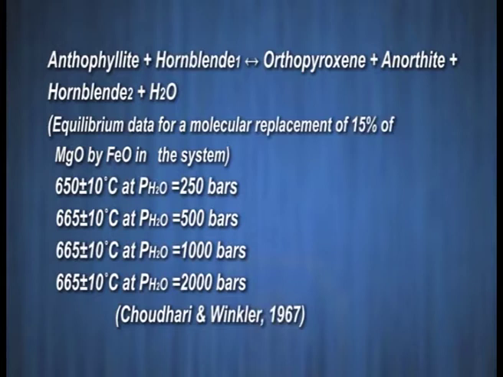The reaction occurs at 665 degrees centigrade at P water pressure equal to 1000 bars and 665 degrees centigrade at P water pressure equal to 2000 bars by Chaudhary and Winkler 1967. These temperatures are slightly higher than those of the previous reaction, that is the temperature range between 700 to 800 degrees centigrade.